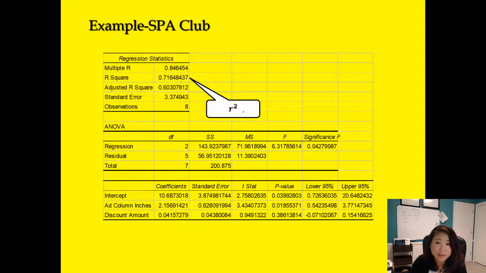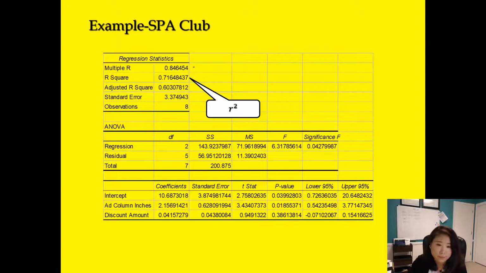We can directly find it in the regression output, in the same place as in your simple linear regression model, under the regression statistics called R squared: 0.7164847. That is my R squared for this Spark Club example.